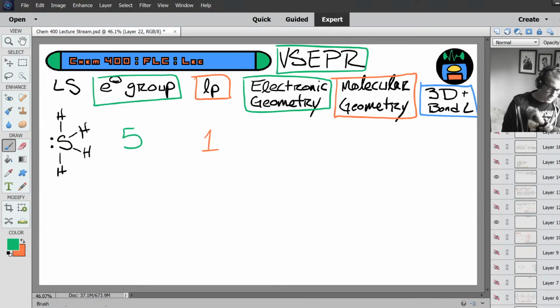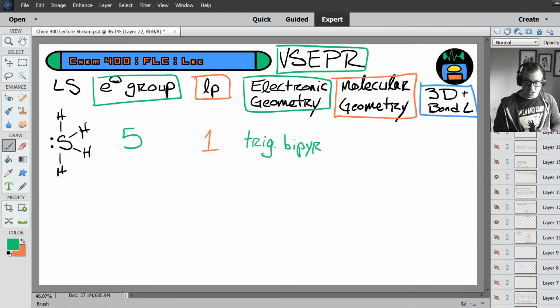Whenever you have 5 electron groups, automatically your electronic geometry is going to be trigonal bipyramidal. Once you know that, you can draw the start of the three-dimensional representation because every trigonal bipyramid is the same.